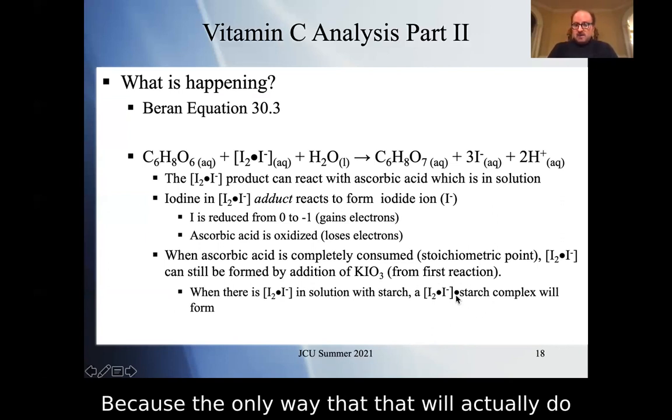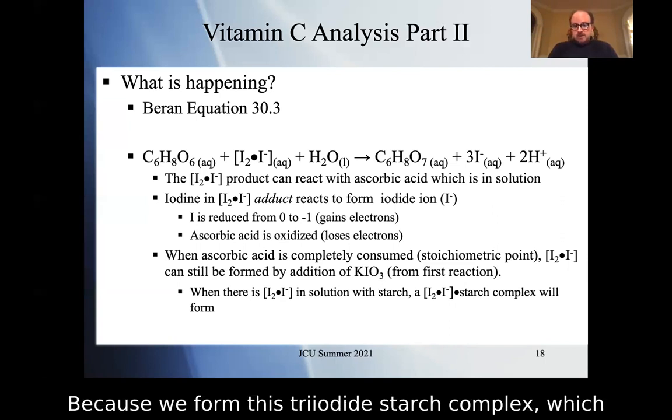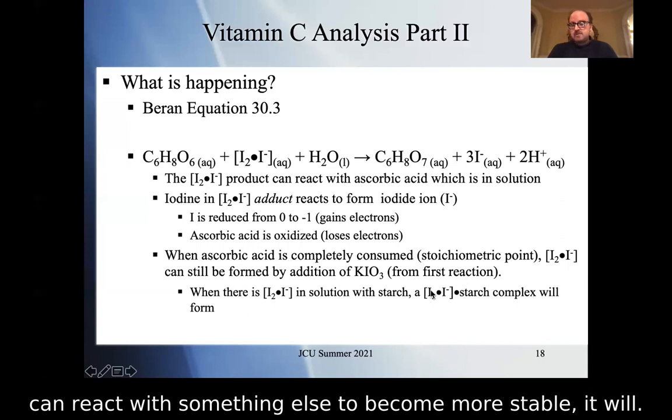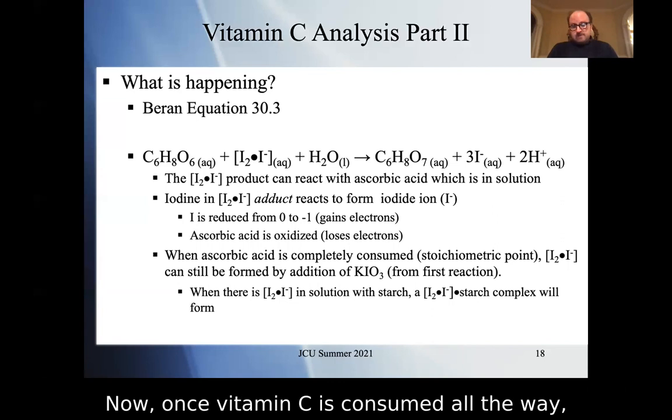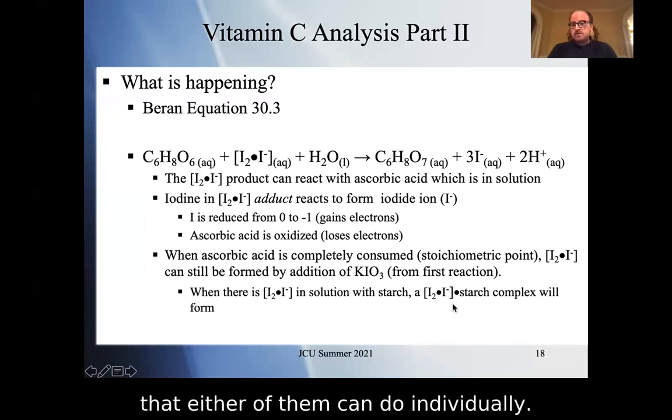Because the only way that it will actually do something is when you have triiodide in solution not being consumed by something else. Because we form this triiodide starch complex, which is not super strong in the sense that if triiodide can react with something else to become more stable, it will. Now, once vitamin C is consumed all the way, triiodide and starch can react because there's nothing else that either of them can do individually.